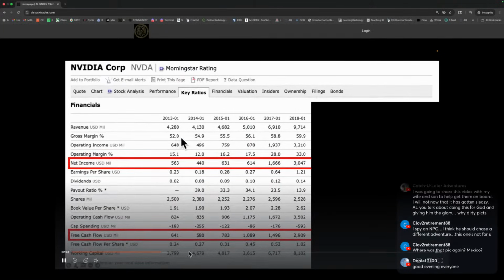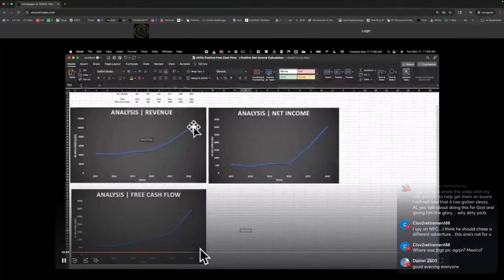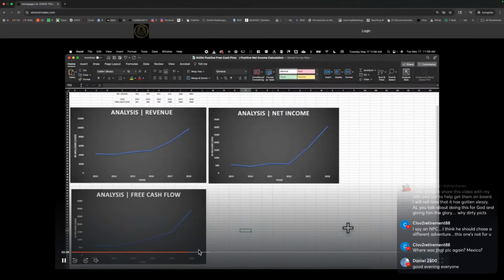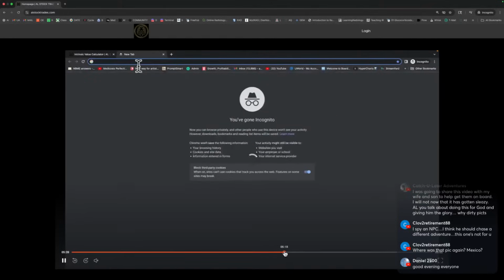This is when Morningstar actually gave the data. They stopped giving the data, so we had to become a data platform. I had to write all this out. Now our software does it automatically. Pulls the data in, all that jazz. I try to make it easy, but let me show you something.